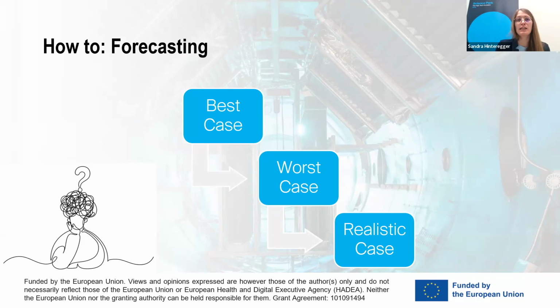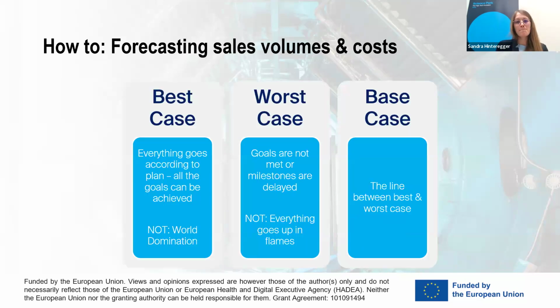So what do these three cases mean? Best case means everything goes according to plan, so all the goals can be achieved and all the milestones are met. Worst case means that goals are not met or milestones are delayed.